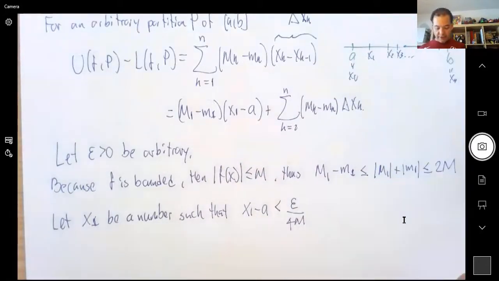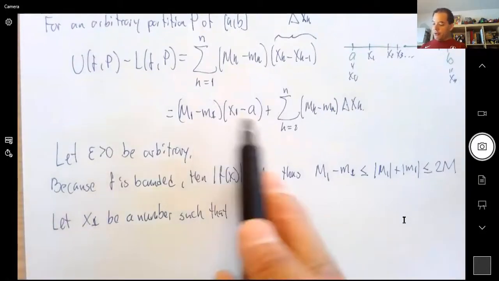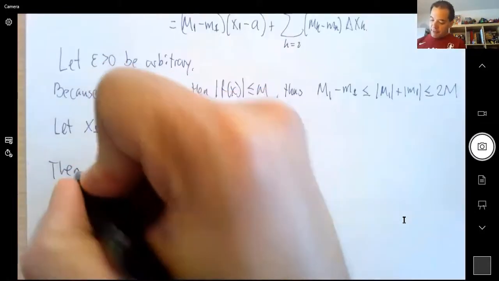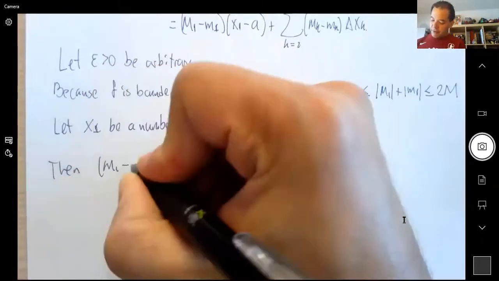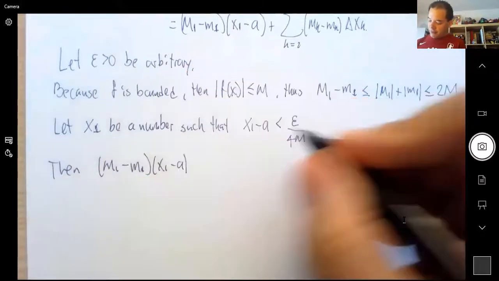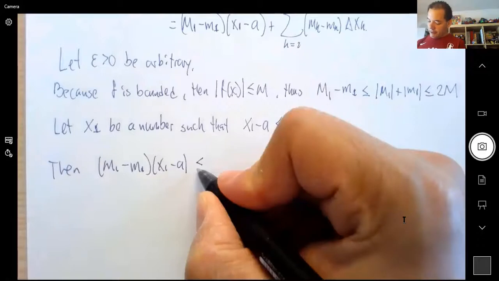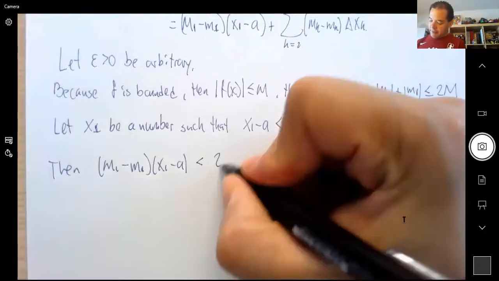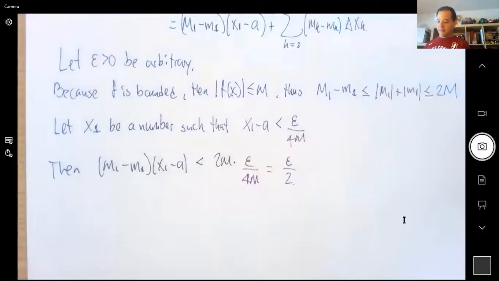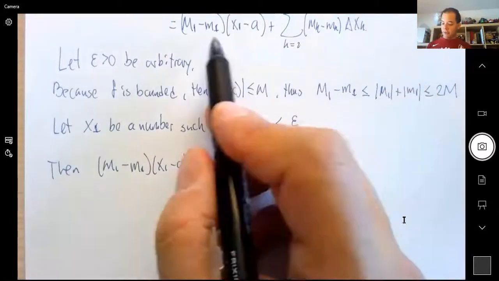We make this tiny. Why epsilon over 4M? Because then when I multiply these two, capital M1 minus little m1 times x1 minus a will be smaller than 2M times epsilon over 4M, and that's epsilon over 2, right? Perfect. I control this part.